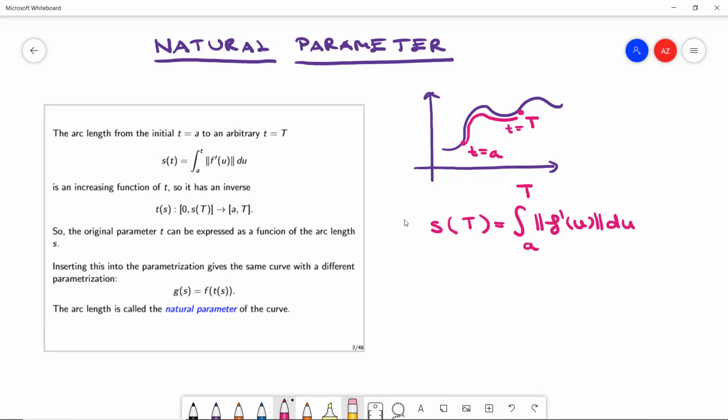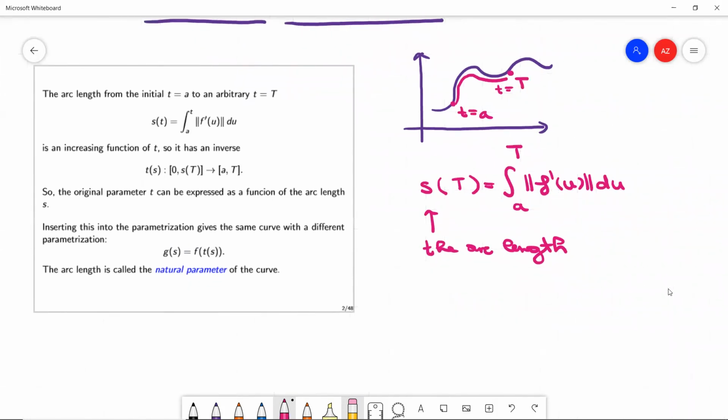And now this function s of t is the arc length function. And if we draw its graph, we get something like that. So let's say that here we have t, here we have s of t. Let's say that we are interested only in this part, when t is at least a.